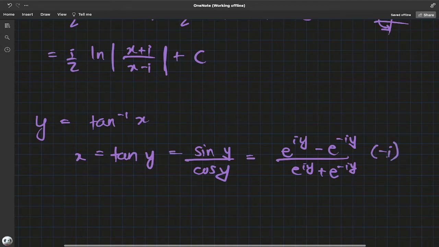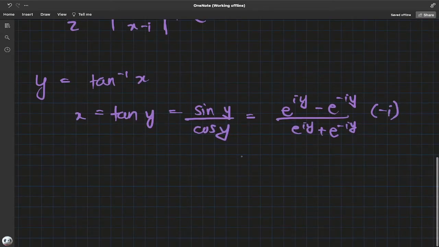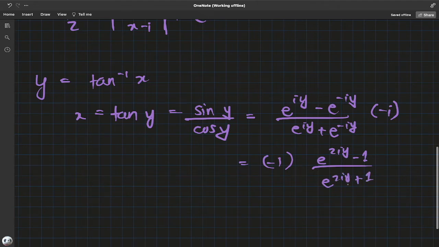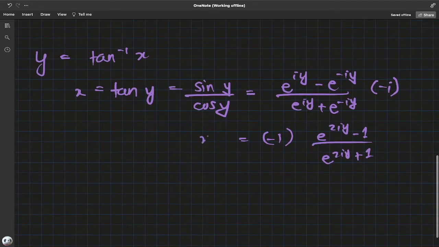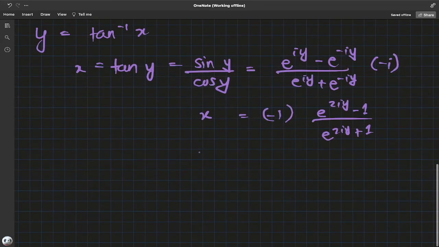We have this extra factor of i in the denominator that will become negative i in the numerator, because the cosine didn't have the i factor. And then all you can do is get rid of the negative power: e to the 2iy minus 1 over e to the 2iy plus 1, and that's x for you.